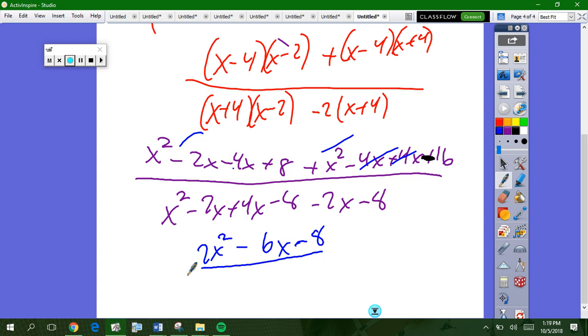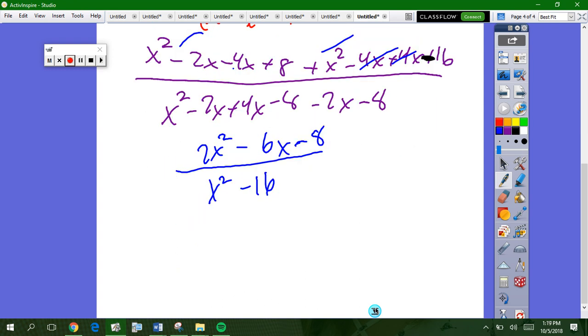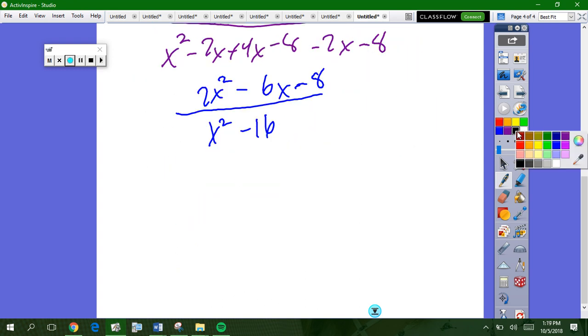All over x squared. Minus 2 plus 4 is 2. 2 minus 2 is 0. Negative 8 minus 8 is negative 16. Now, though, I can factor the top. They all have a 2 in common.